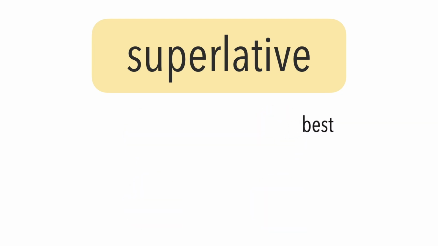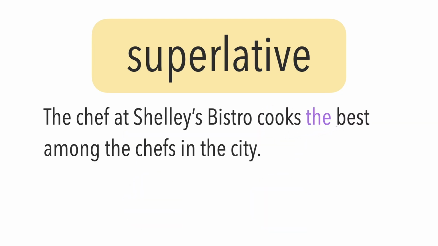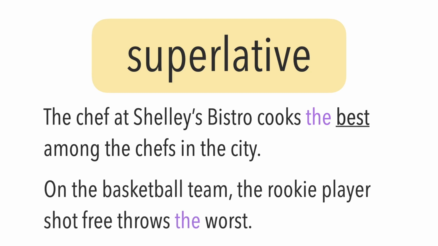For example, the chef at Shelley's Bistro cooks the best among the chefs in the city. Or, on the basketball team, the rookie player shot free throws the worst. It's helpful to remember that, even though well and badly are irregular, their superlative forms, best and worst, still end in st, like regular superlative adverbs do.